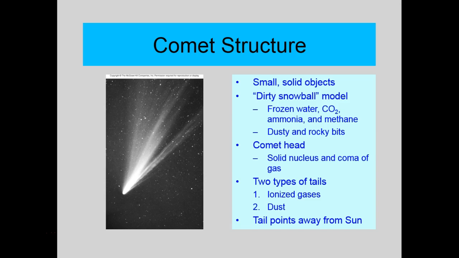Now, can I tell whether this is ionized gases or dust? No, I can't. It could be dust reflecting the light of the sun, or it could be ionized gases, which could be putting off their own light. That's what a comet looks like. The head is made of the sturdy snowball, and the tail is the gases out there, or dust.